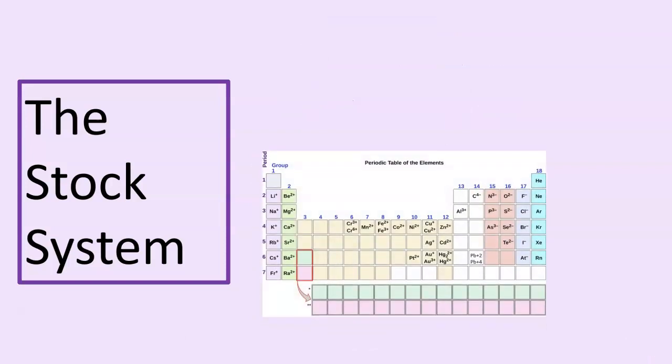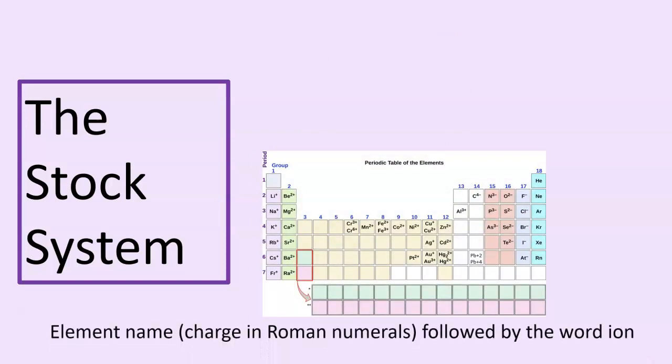All right, so I like to keep this periodic table close and just remind you we're naming them with the element name, your charge in Roman numerals, and we're following it up with the word ion. So right here we have Pb. Pb is lead. If you look on your periodic table, lead carries a +2 or a +4 charge. So this one has a +2 charge, and that means what we have is a lead 2 ion.